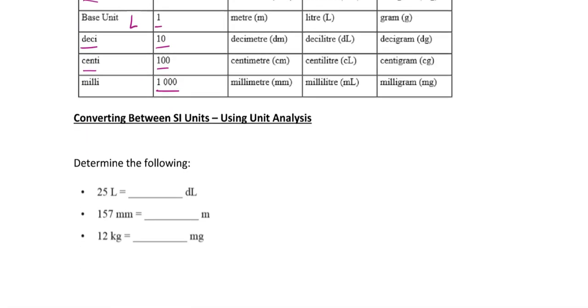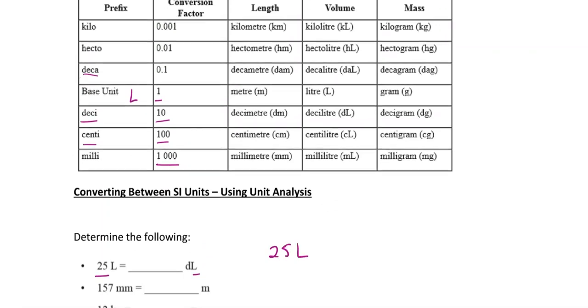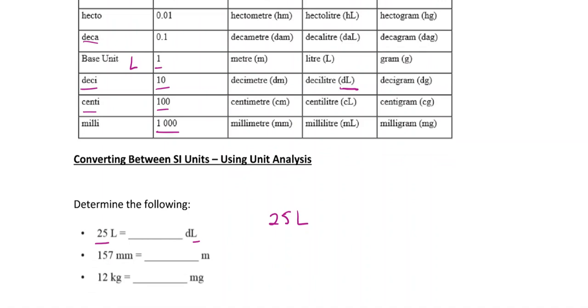Okay, so let's change 25 liters to however many deciliters. If we're starting here and going to deciliters, what do you think that would be?